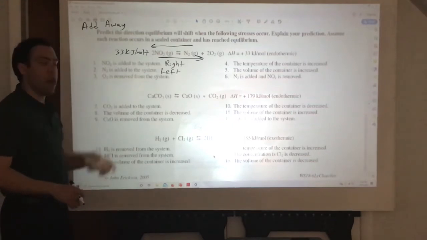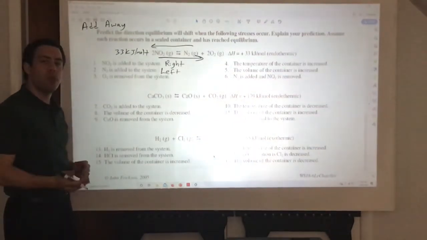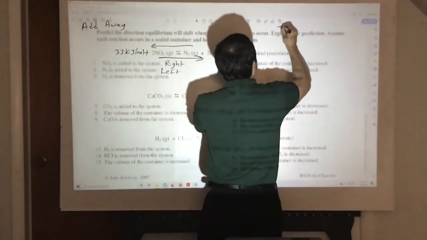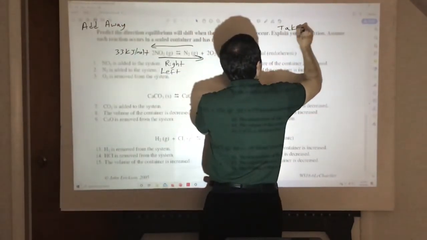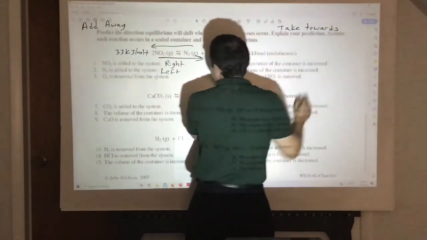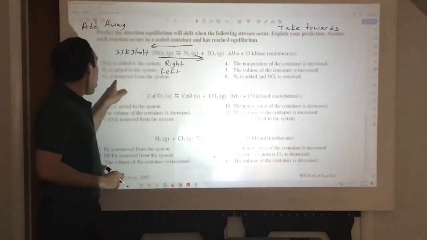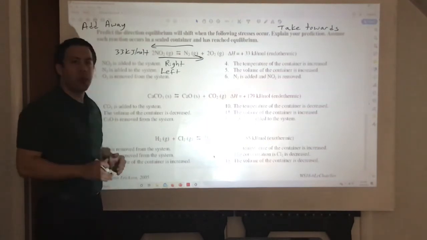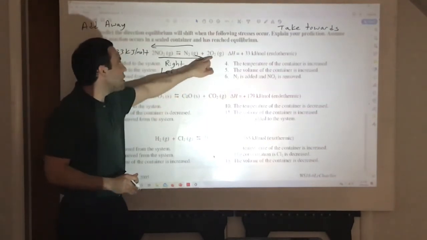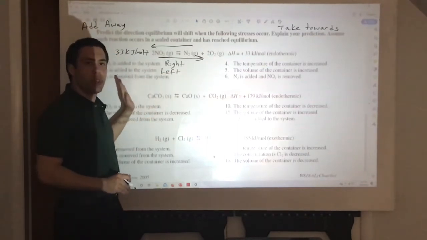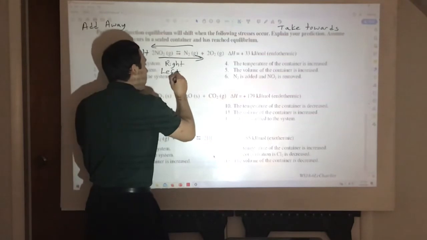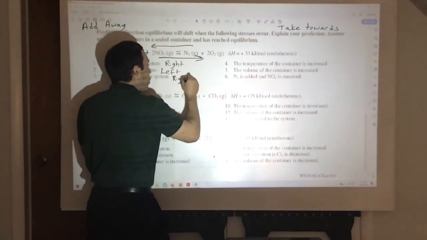The third one, O2 is removed from the system. We have add away and take towards. O2 is removed, O2 is taken away, take towards. Since O2 is on the right side, we're going to go towards the right side, so equilibrium is going to shift right.